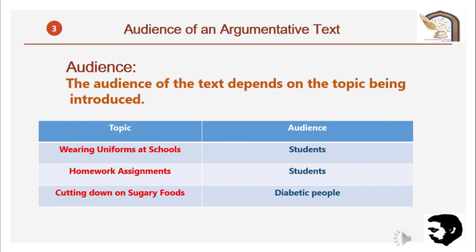As a matter of fact, the audience of a text differ according to the opinion the topic introduces. For example, students could be the audience of a text concerning wearing uniforms at school or having homework. So you need to read carefully and pick up the correct option accordingly.